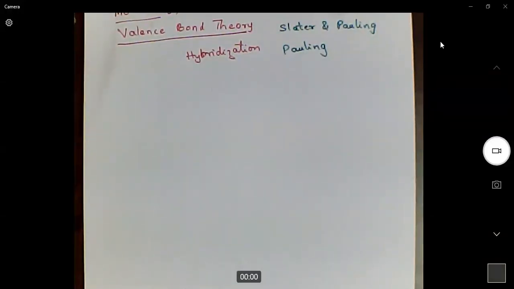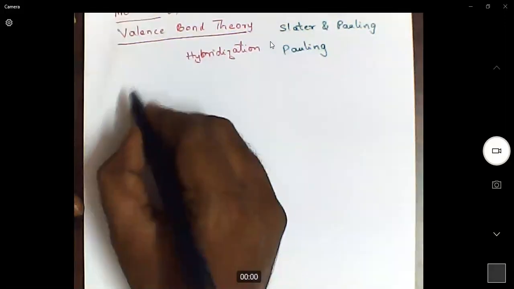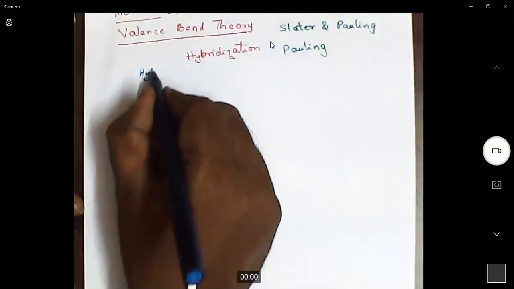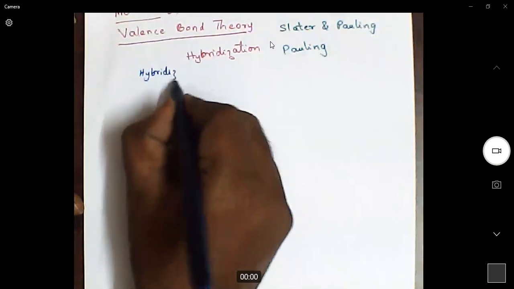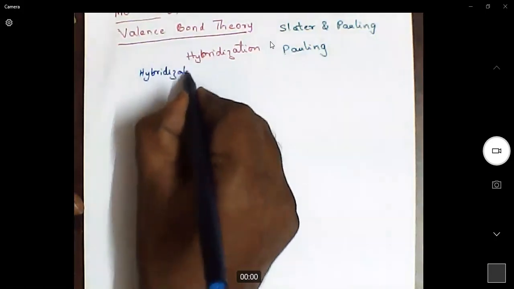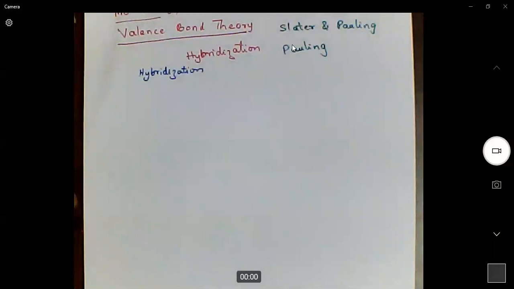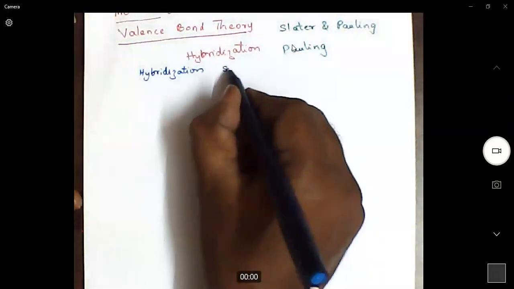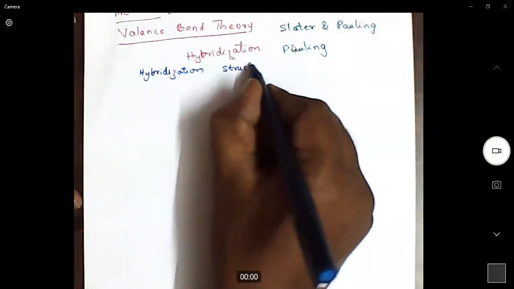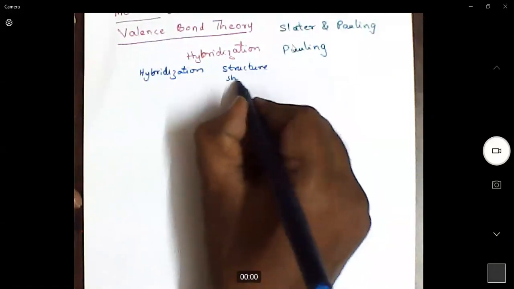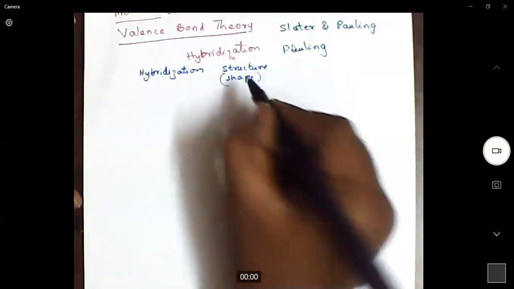Yeah, today we will discuss the structure of molecules based on hybridization concept. First, we will look at hybridization and then structure of molecule, and that means shape of the molecule.